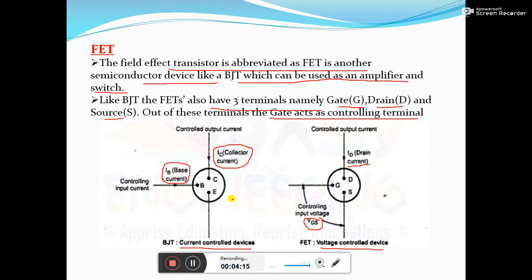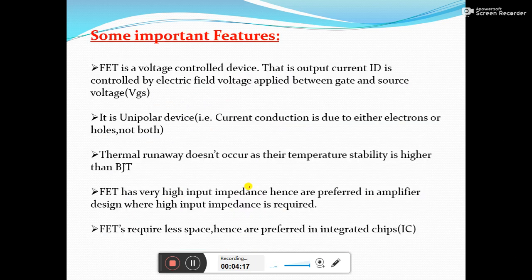Next we see some important features of FET. While listing the important features, you have to make at least 5 points here. The very first one is that FET is a voltage control device.